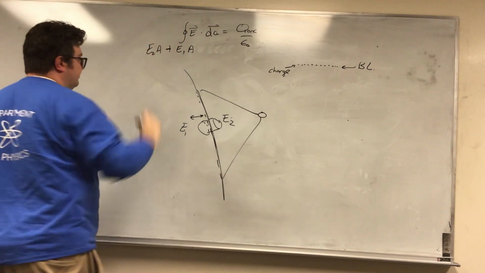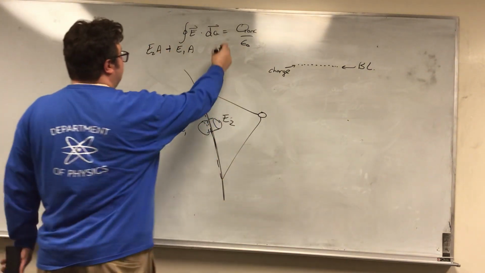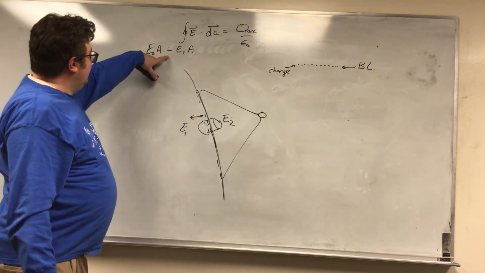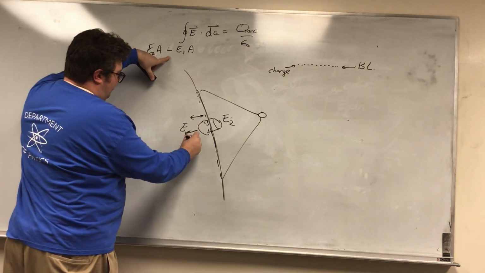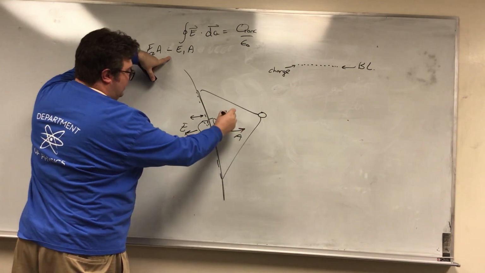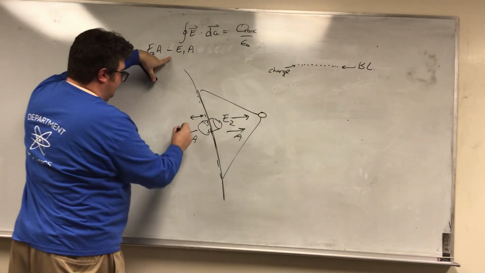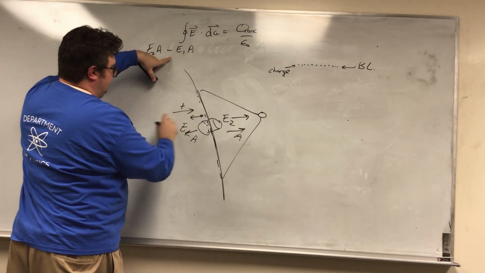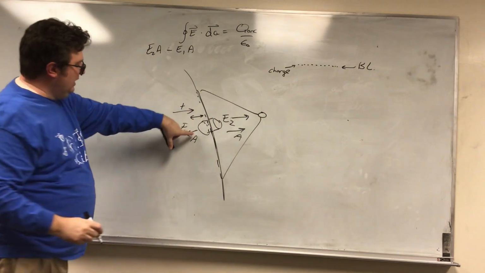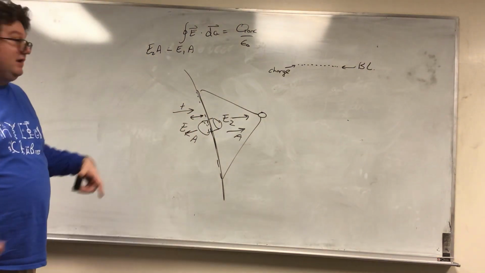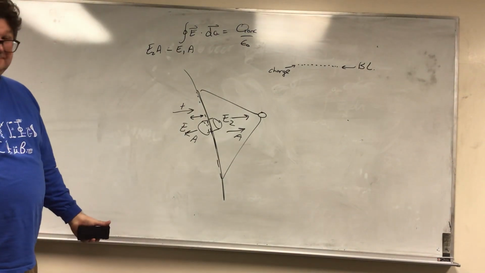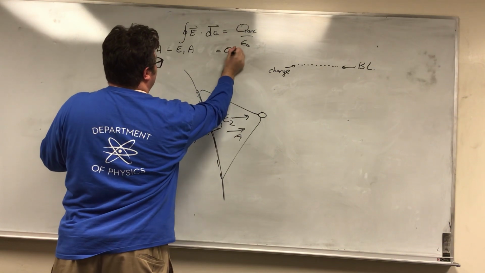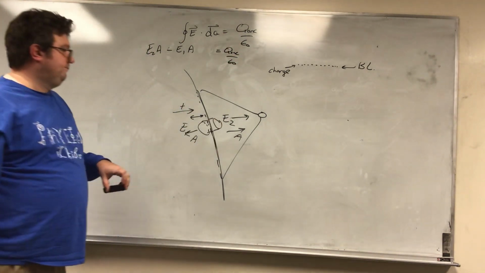Sorry, here it's going to be minus, because here my area points out, here my area points out, here my E points out, but if I'm defining this E as plus, then on this side the E will be negative, because the E is going to have to point in the opposite direction. And that's going to be equal to the charge enclosed over epsilon naught.